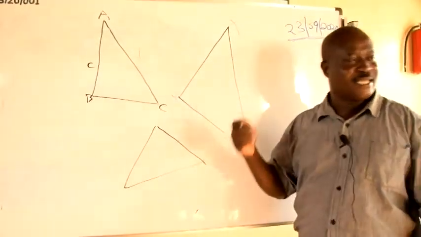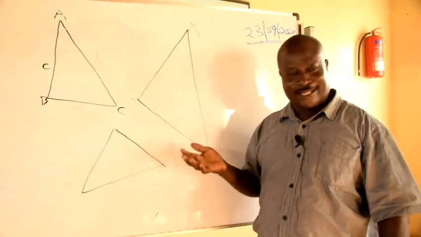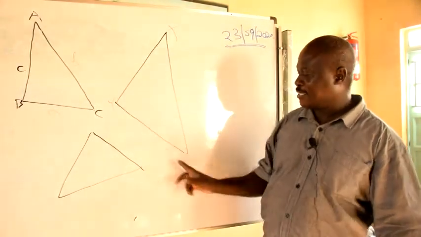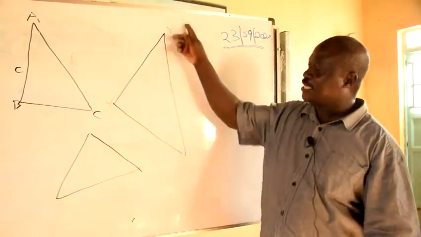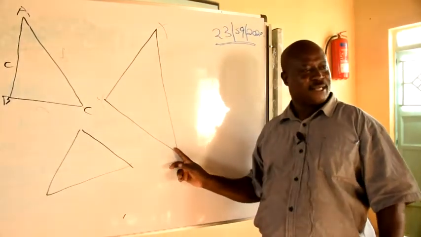I want somebody to try. My students at the class here, can someone name for me this length in terms of the letters that I have, X, Y, Z? What do you think will be this? Yes, Protas?